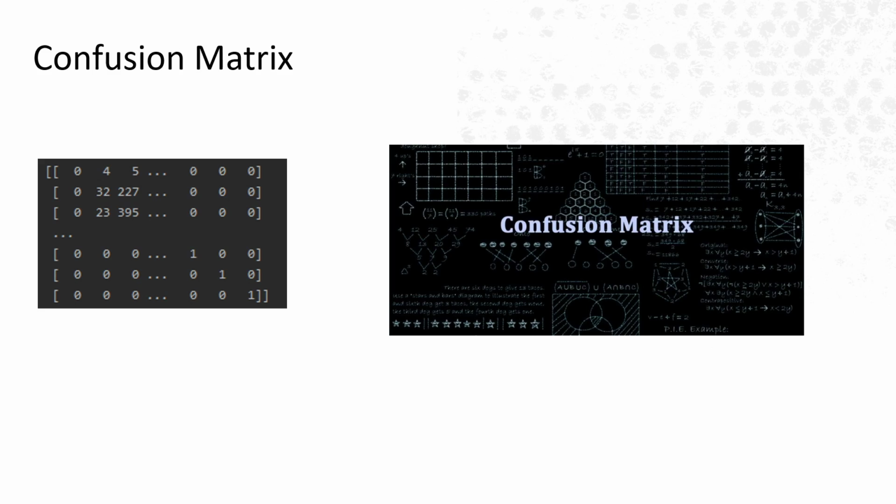Then we built a confusion matrix. I'm sorry, this is lagging. Confusion matrix is a table that is often used to describe the performance of a classification model or classifier on a set of test data for which the true values are known.